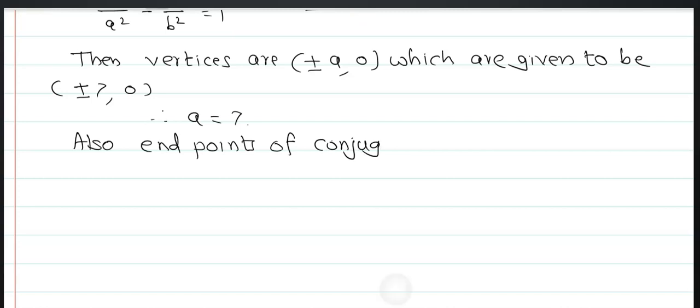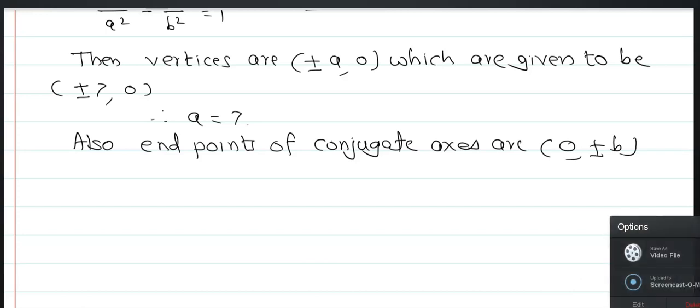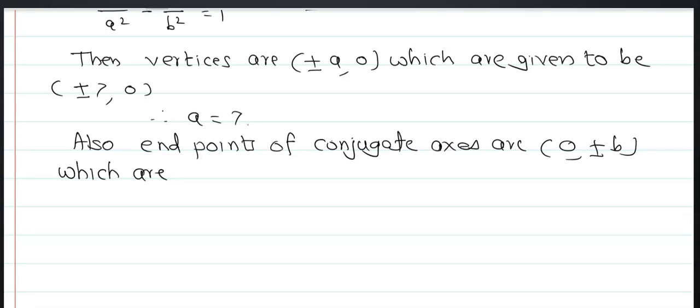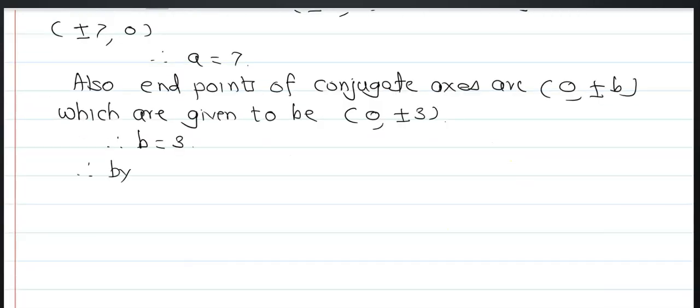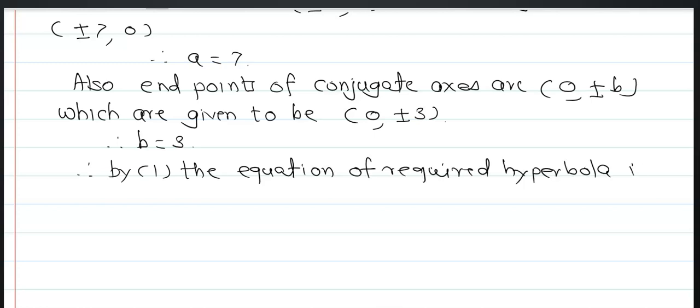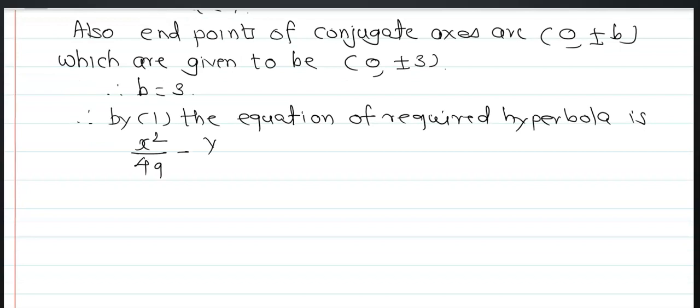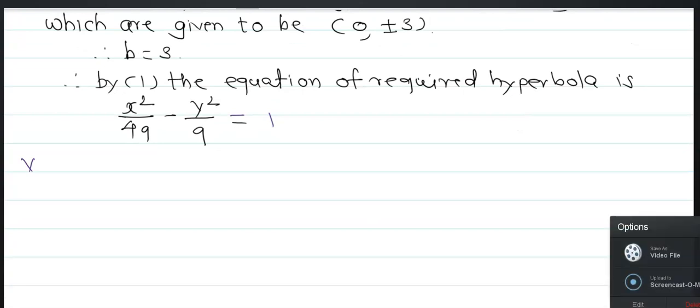Endpoints of the conjugate axis are (0, ±b), which are given to be (0, ±3). So b equals 3. The equation of the required hyperbola is x square upon 49 minus y square upon 9 equals 1.